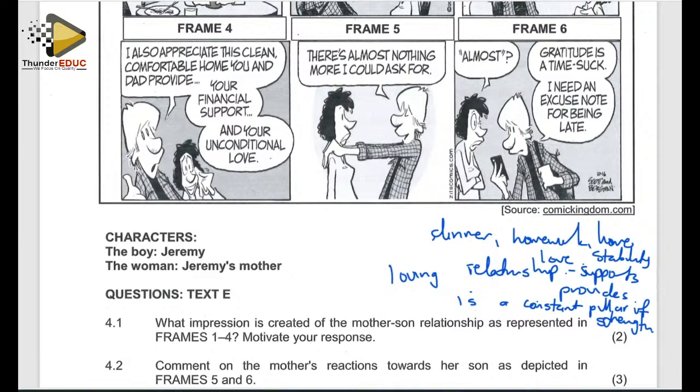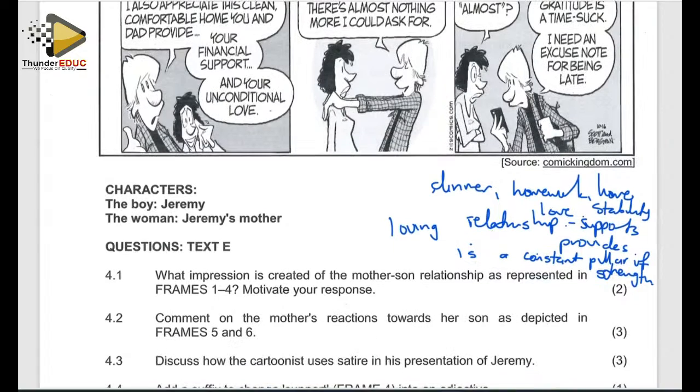She said almost in query of what he has just thanked her for. So now, when we bring the reaction, the mother is shocked that Jeremy still has something that he feels is lacking in all the things that she does for him.